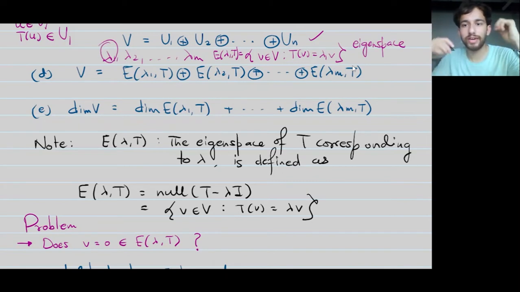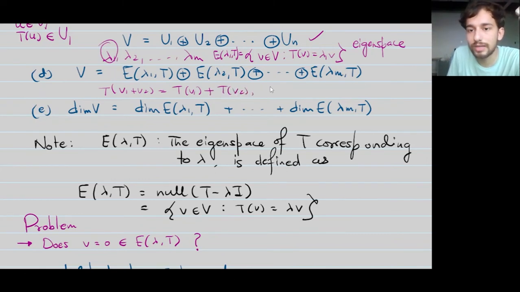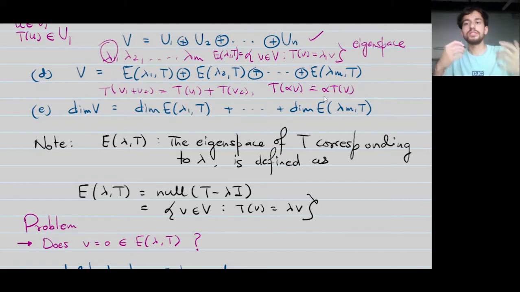When I say preserves, it means linearity, that is T of v1 plus v2 is the same as T of v1 plus T of v2, and by scalar multiplication I mean T of alpha v, where alpha is some scalar, is the same as alpha T of v. Alpha is an element of the field. So this is what I mean by preserve. So V can be expressed as the direct sum of these m eigenspaces corresponding to each eigenvalue. Okay, and finally the dimension of the vector space is the same as the sum of the dimensions of these eigenspaces.